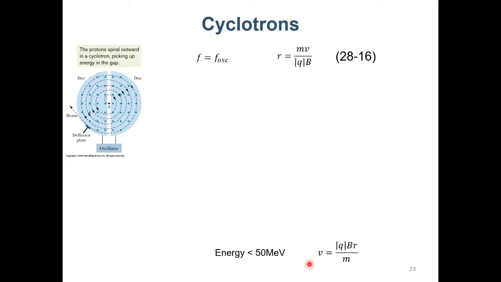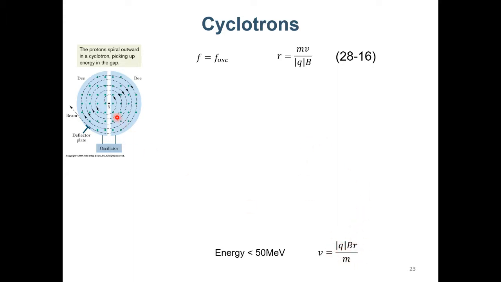And you can see that the speed is proportional to B, the magnetic field. The mass is fixed. The R depends on how large the disk is, and it's also fixed. Maybe you can make a larger disk, but then you have more difficulty providing the same magnetic field in the disk. And of course, the charge of the particle is also fixed.